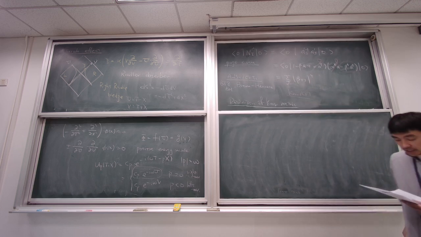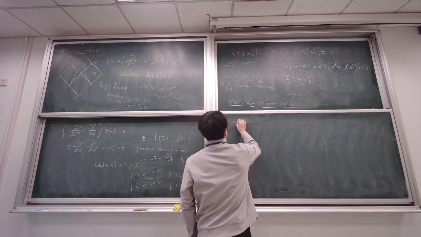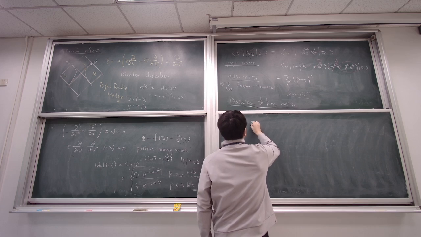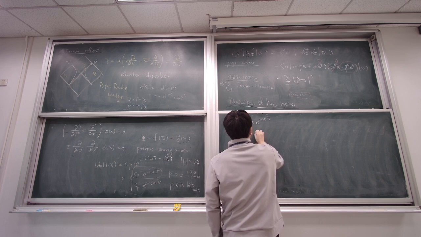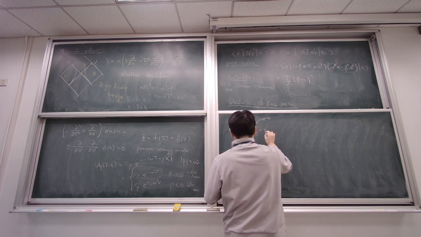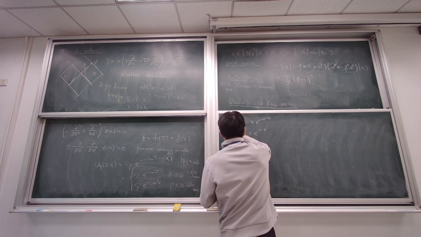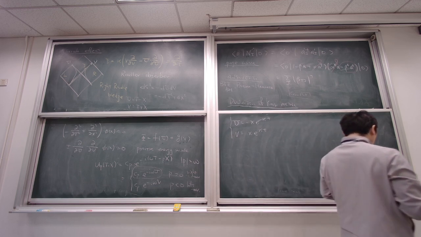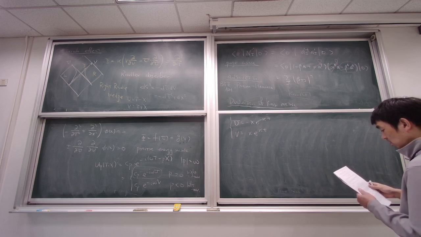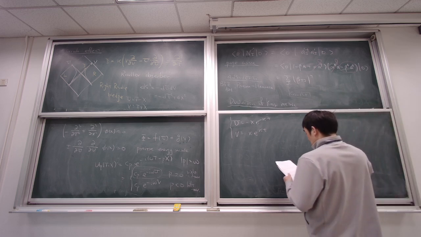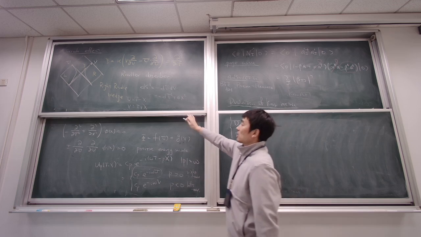Now we want to understand what's going to happen in the x and y coordinate. So u is given by minus. Okay, and then we just rewrite. So this is the x and t coordinate.